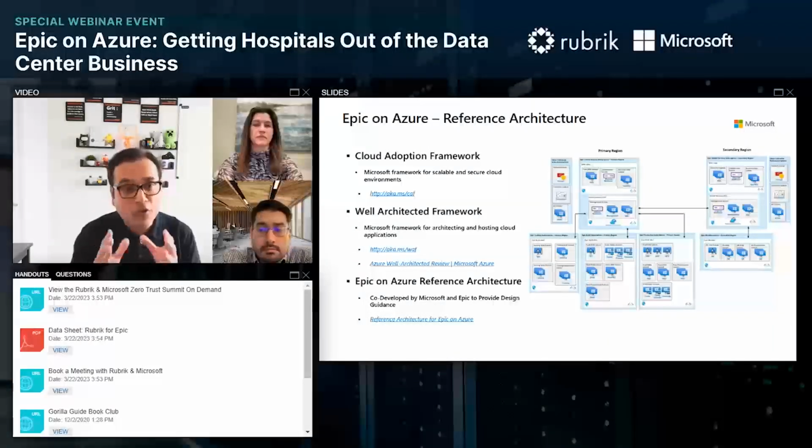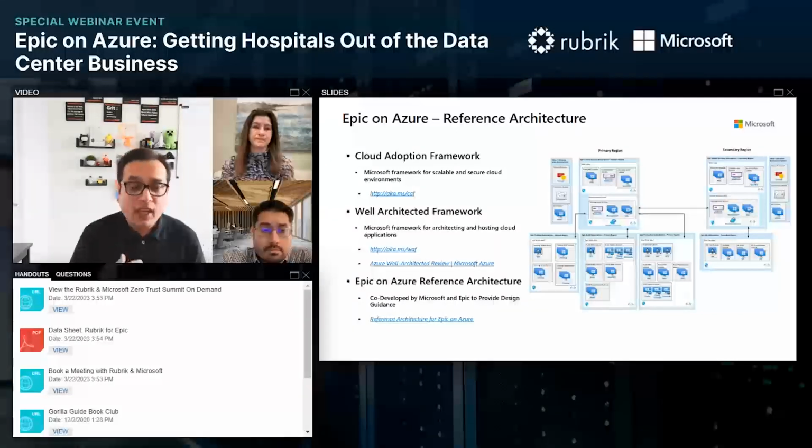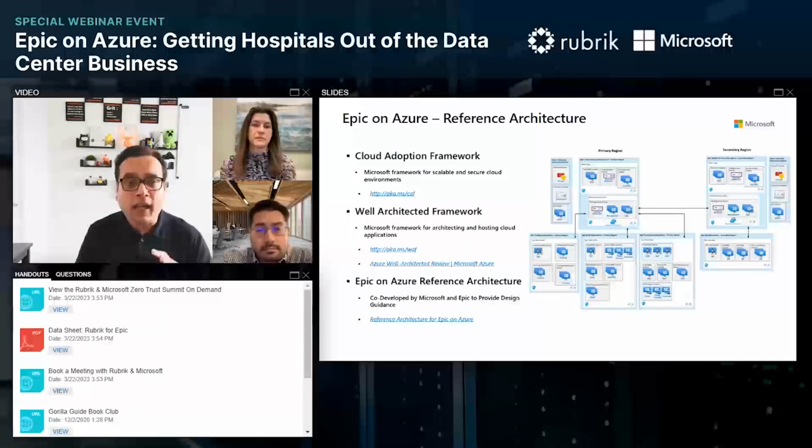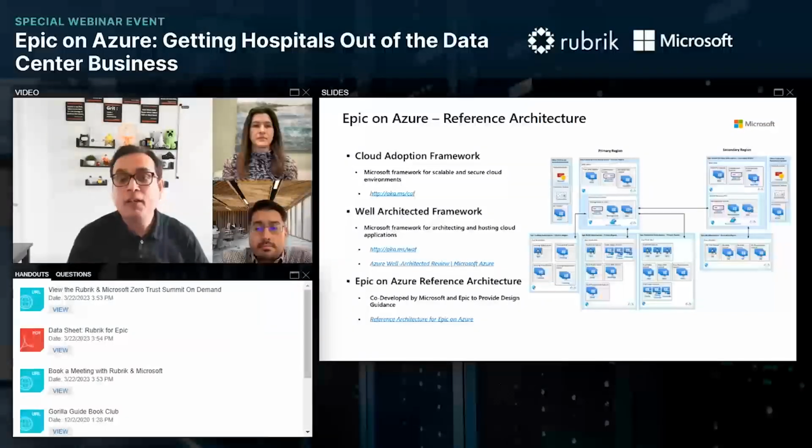EPIC has a very strong performance requirement, that you should have that many milliseconds as the performance target. And then finally, how do you optimize your operations and security? So at the infrastructure layer, we have a best practice framework called the Azure Well-Architected Framework, which customers can use and apply these design principles, the five design principles I mentioned, reliability, cost, operations, performance, and security, to optimize those areas at the infrastructure foundation, right?